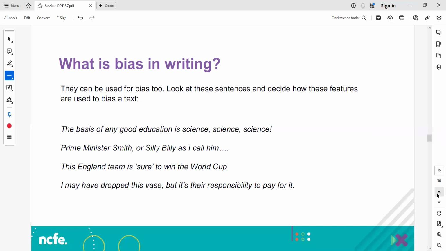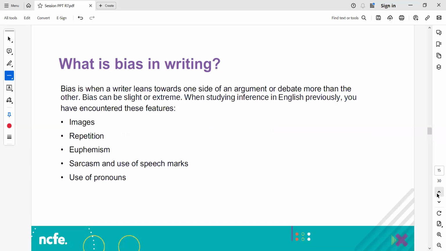Silly Billy. Okay. This England team is sure to win the World Cup. So what feature have they used? Is it euphemism? It's not euphemism for this one. Do you have another go?